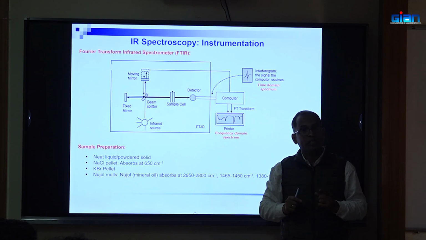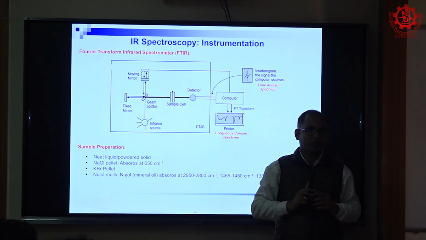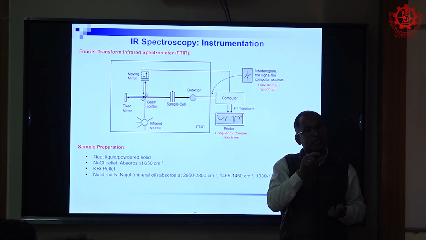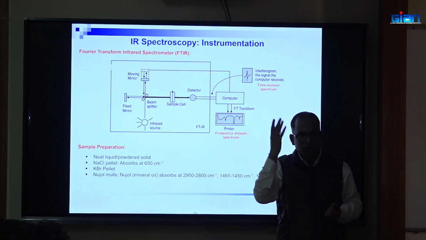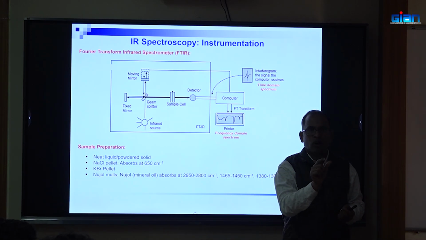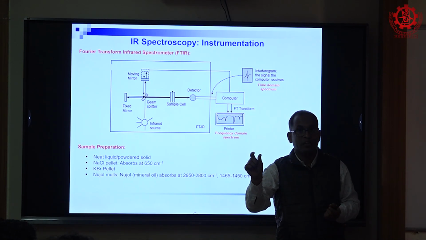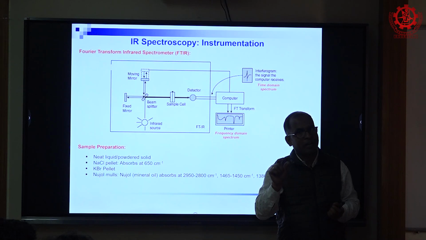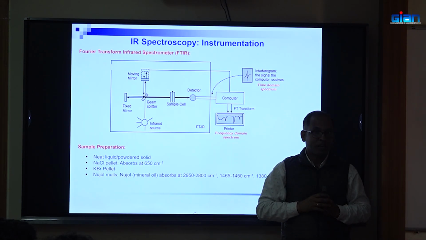In 1 minute you get the full spectrum, which was not possible in the earlier spectrometer, because you had to give each range: 400 to 410, 410 to 420, 420 to 430, and analyze individually whether it was observed or not. I hope you are all getting this.